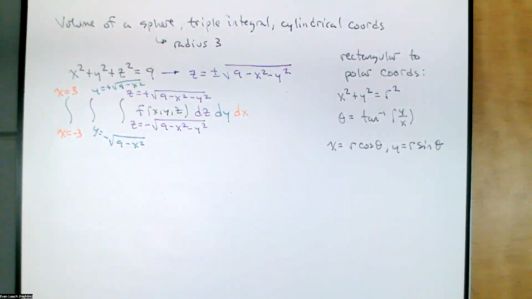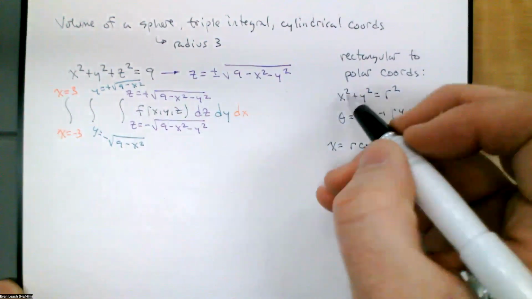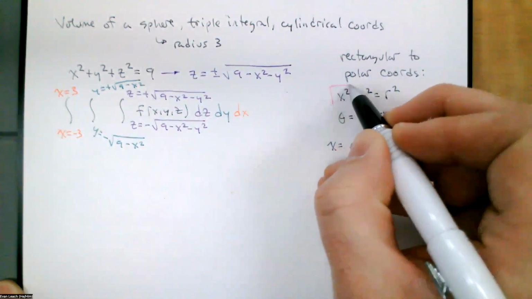So now if we want to describe the sphere, instead of saying x squared plus y squared plus z squared equals 9, I can replace x squared plus y squared with r squared, where r is the r from polar coordinates.